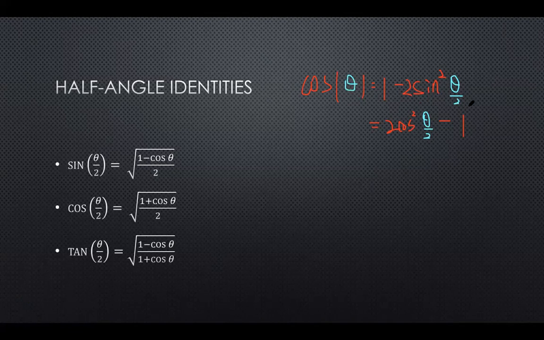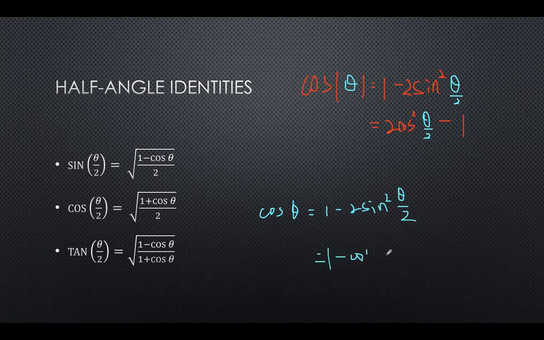So if we want the half angle for sine, then we solve for sine of theta over 2 with the cosine. Basically you have cosine of theta equals 1 minus 2 sine square of theta over 2. So we move the cosine theta to the right and you have 1 minus cosine theta, and minus 2 sine square theta to the left.